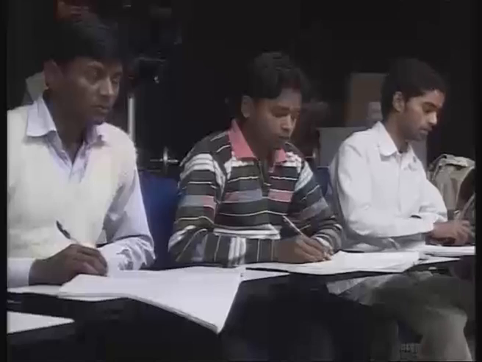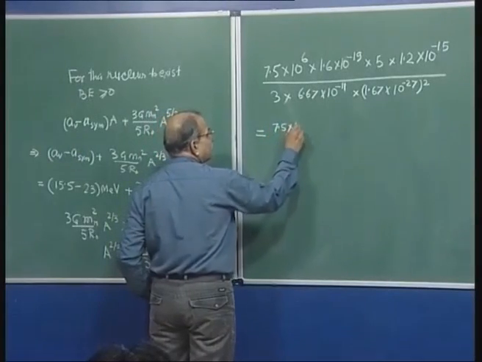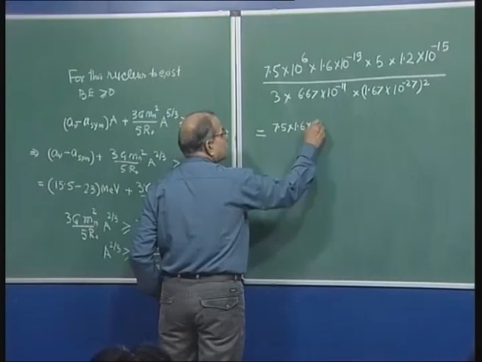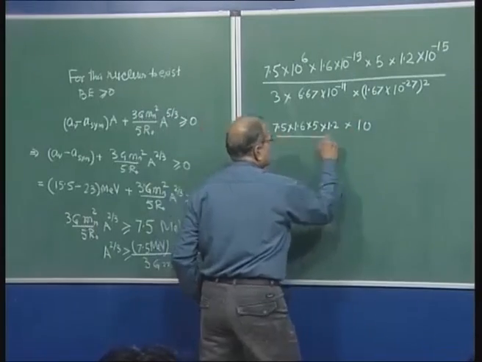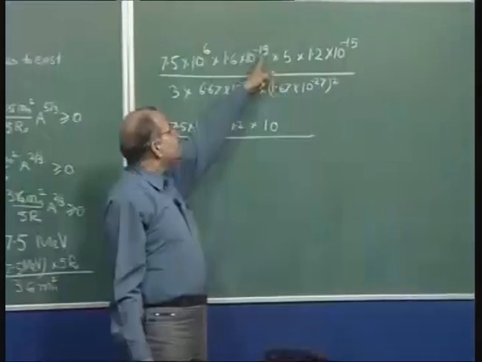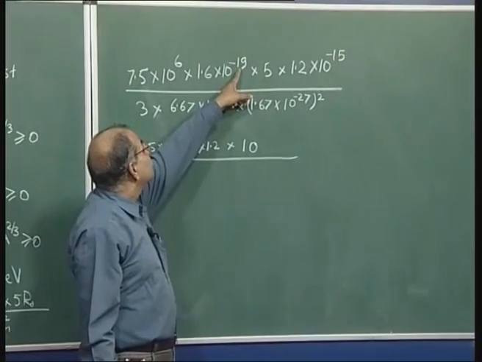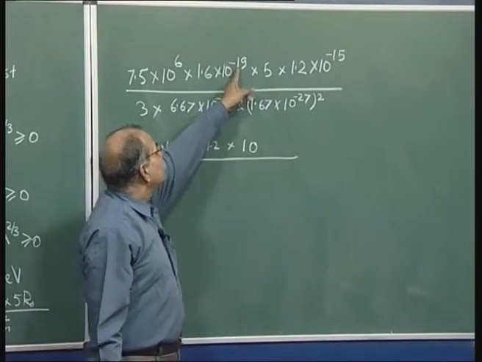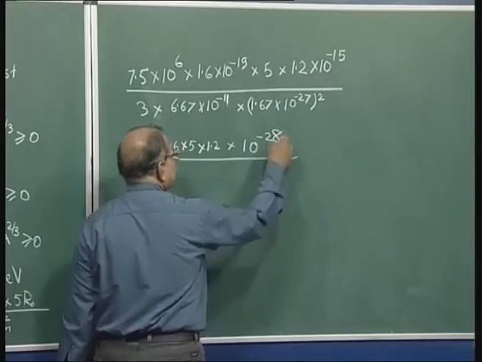Let me work it out a little bit further. In the numerator, 7.5, 1.6, 5, 1.2, into 10 to the power. Look at the exponent, how much is it? 6 and minus 19, that is minus 13, and minus 15, so minus 28.